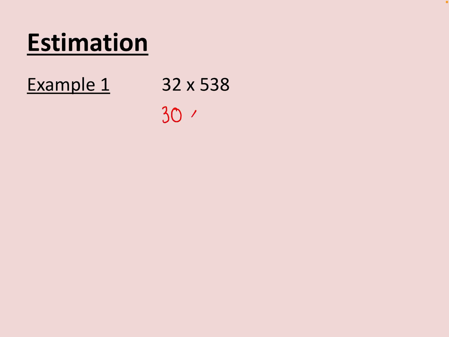So 30 multiplied by 500, if I make them one significant figure, that's a much easier calculation to do here. So that is going to be 15,000 as a rough idea. So it can be useful to get us in the right ballpark.